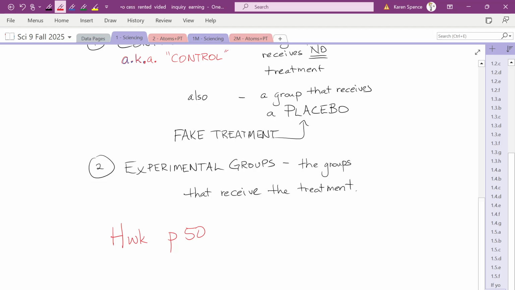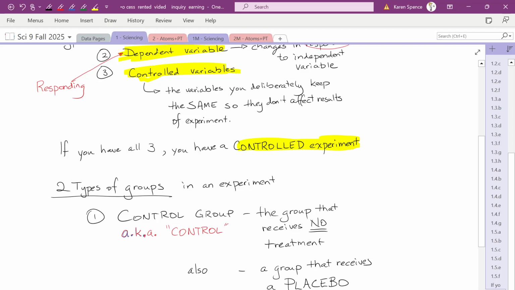Anyone? We're good? Okay, let me know if you change your mind. So Science 9, homework is page 50. And we will go over those tomorrow.